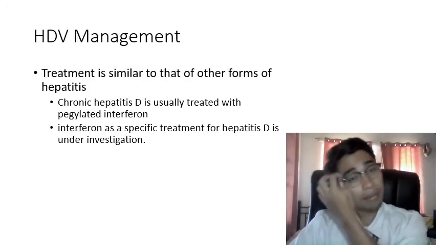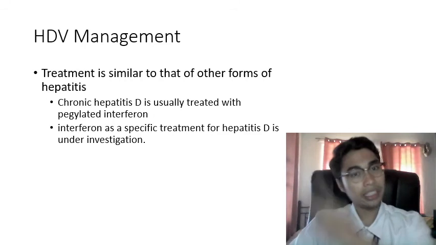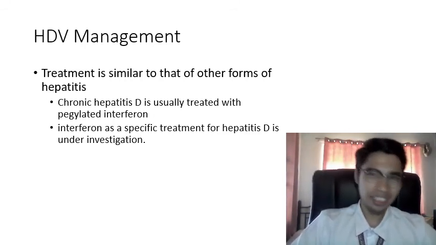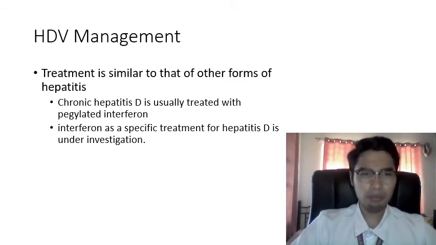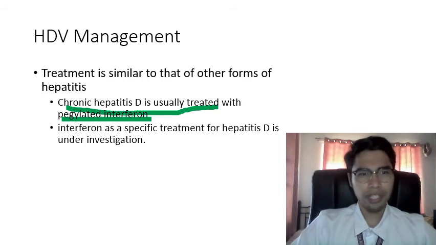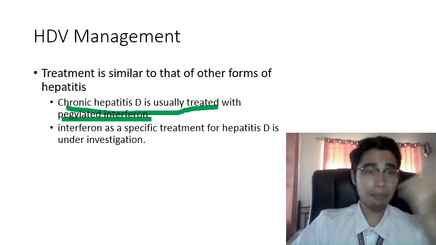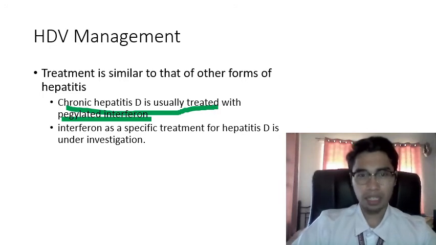Now, the HDV management. Treatment is similar to that of other forms of hepatitis because it's the same problem, the liver. Chronic hepatitis D is usually treated with pegylated interferon. Interferon as a specific treatment for hepatitis D is still under investigation.